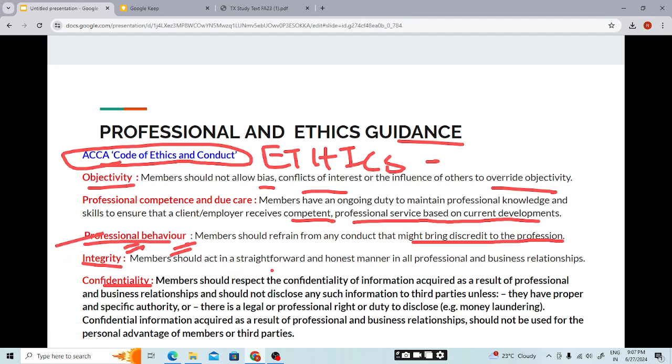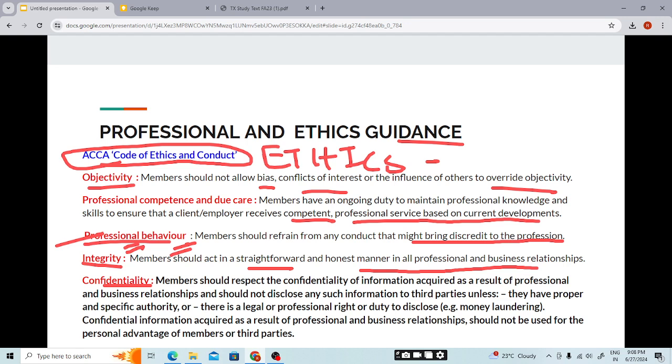Integrity: members should act in a straightforward and honest manner in all professional and business relationships. The tax practitioner, the accountants or the auditors need to be straightforward and honest. They should not lie. Confidentiality means whatever confidential information I have about the client, I must not disclose to any person.